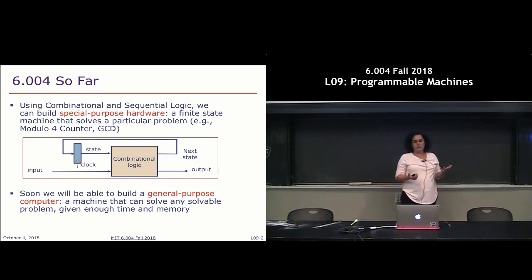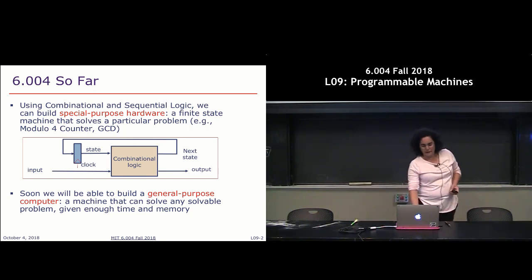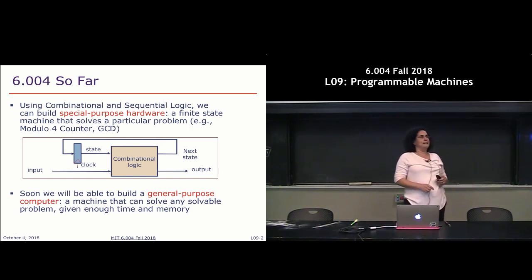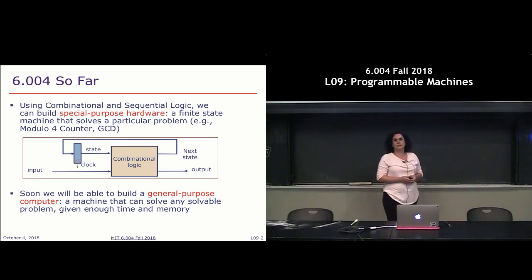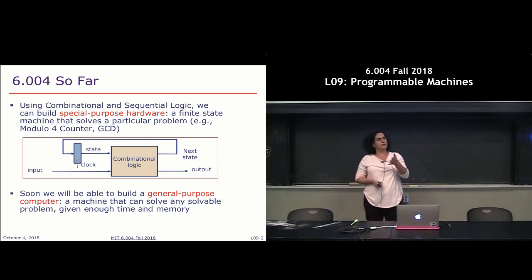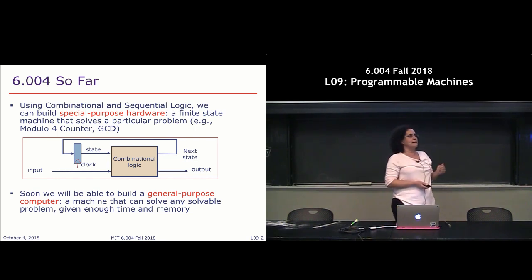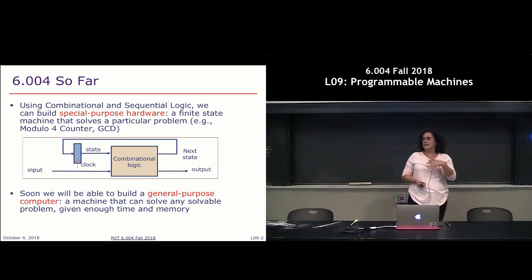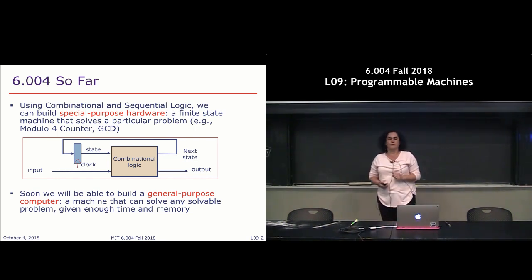And the general picture that we've seen of how to do that is that essentially we use some registers shown here in order to hold the state, and then we have some combinational logic which takes as input the current state as well as any inputs, and it produces the next state and any outputs for your circuit.